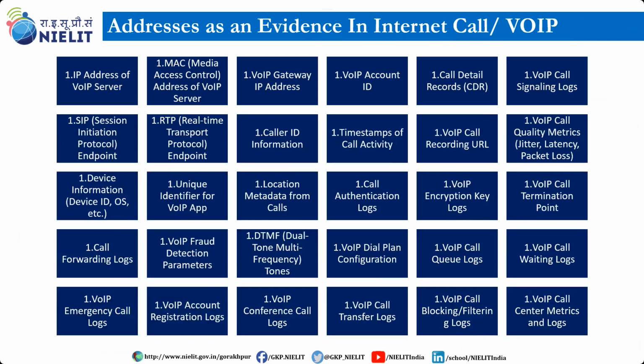So what is the VoIP gateway IP address? Then VoIP account ID, call detail record, data detail record. So CDR, DDR can also be helpful. Then different types of call signaling logs can be helpful.